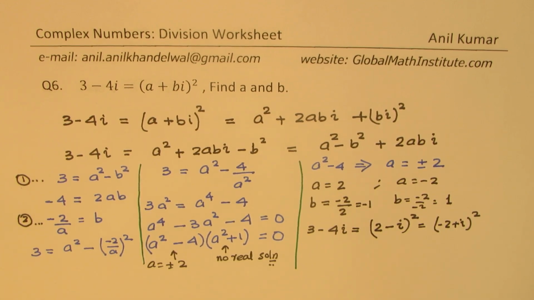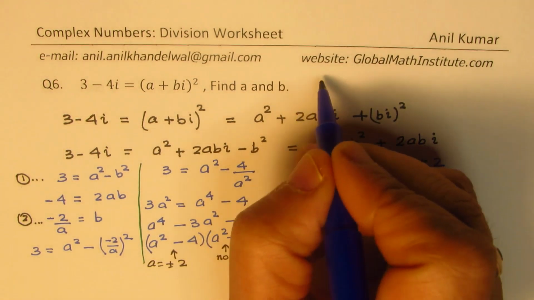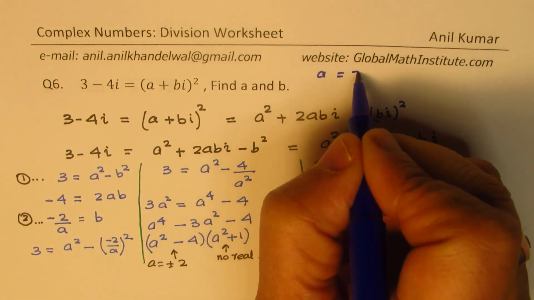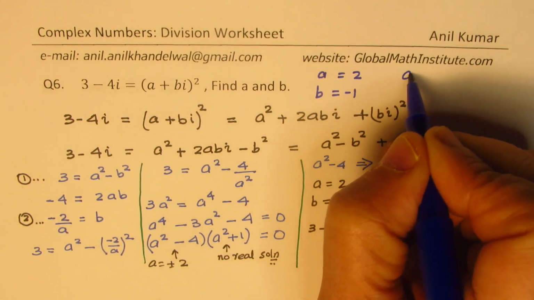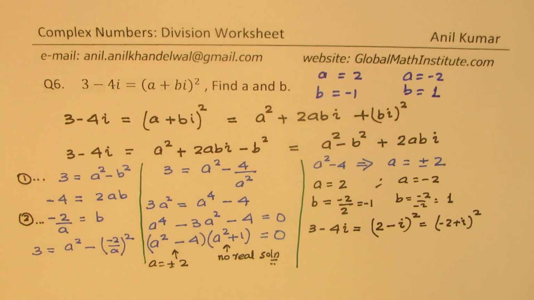Okay. So we do get the value of a and b. So we'll write the values. There are two solutions to this. So the value of a could be 2. In that case, b is equals to minus 1. And if a is minus 2, then b is equals to plus 1.